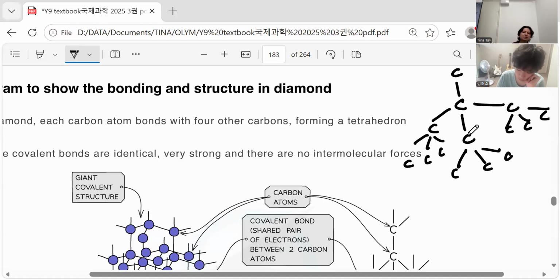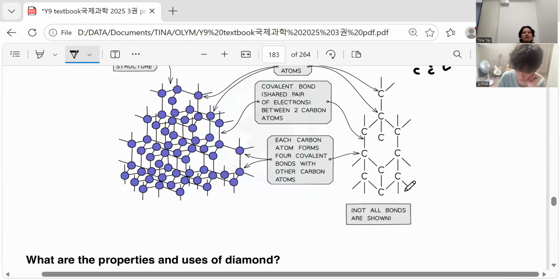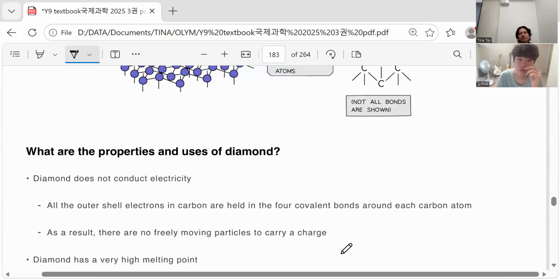And then this carbon again, one here and then another three. So it will go on and on and on. After a few million billion, it forms one giant molecule, which is one tiny little diamond. So is it very, very hard? Yes, because it is made from many, many strong covalent bonds. Every single carbon is bonded with four other carbon atoms, and it goes on and on forever.